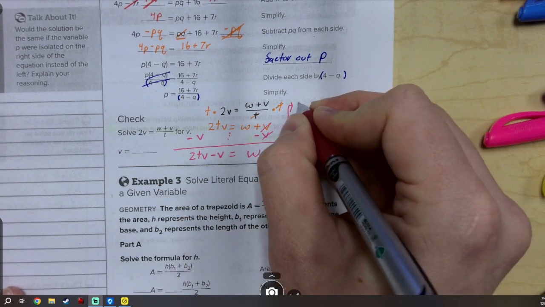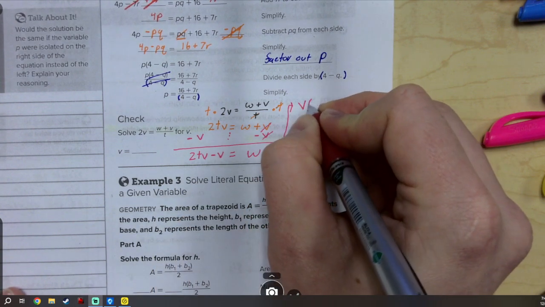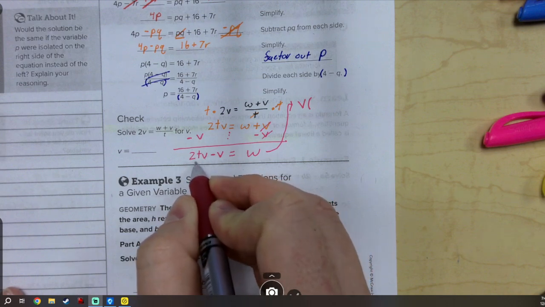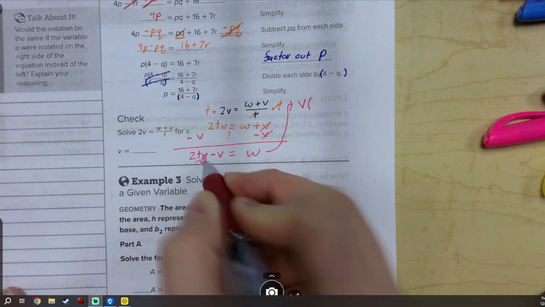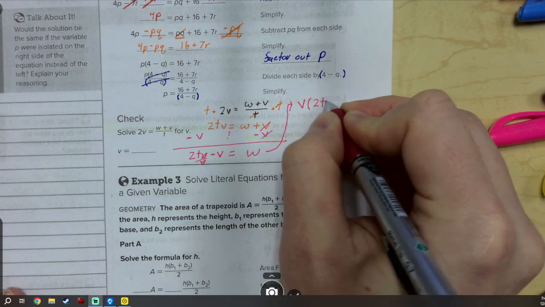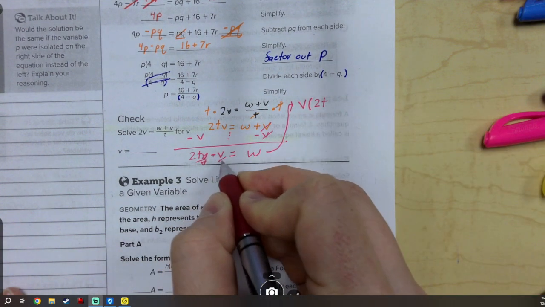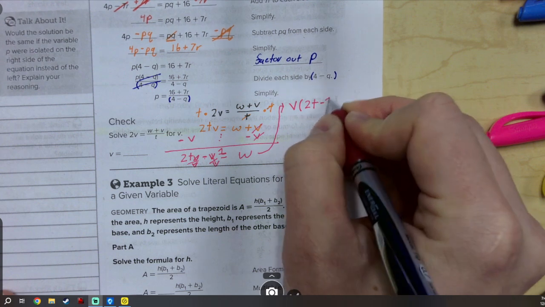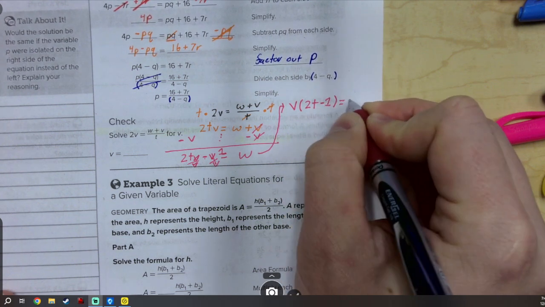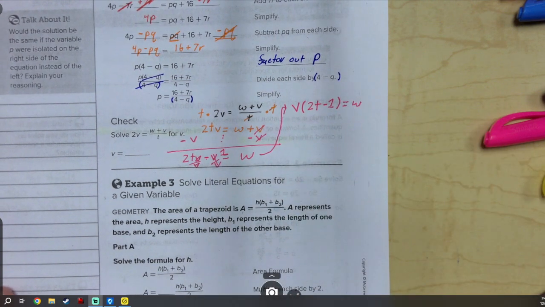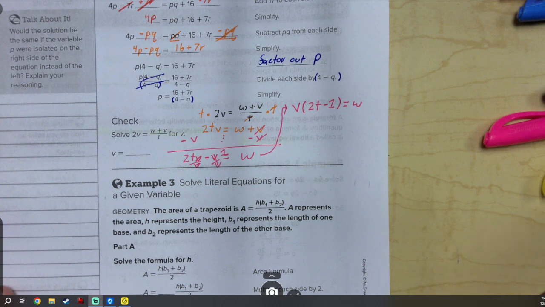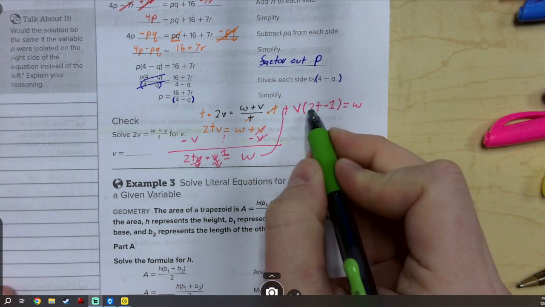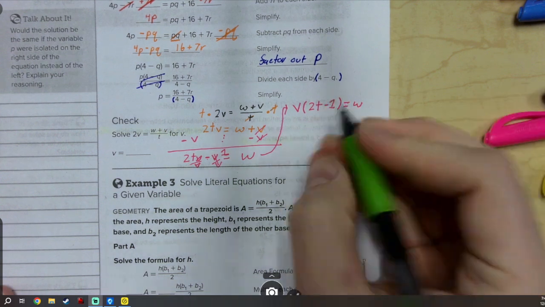So I'm going to write that v out front. 2tv divided by v is 2t. Negative v divided by v becomes a 1. So, 2t minus 1, times v, equals w. Final step, we're going to have to divide both sides by this quantity, 2t minus 1.